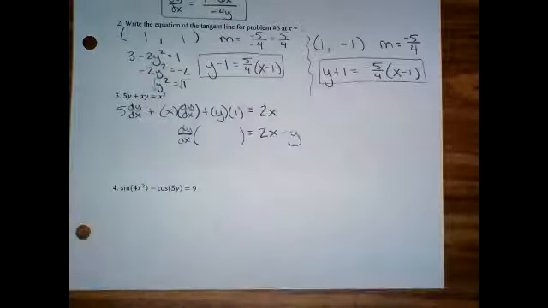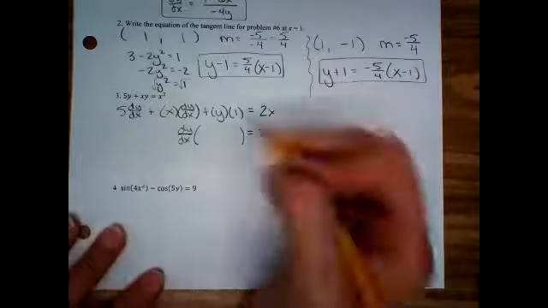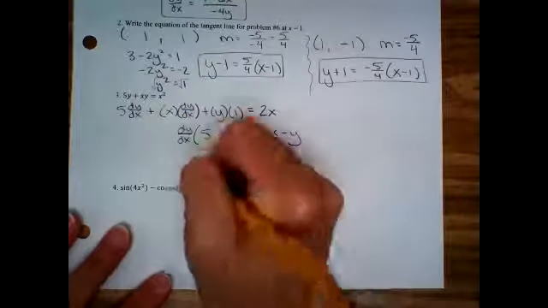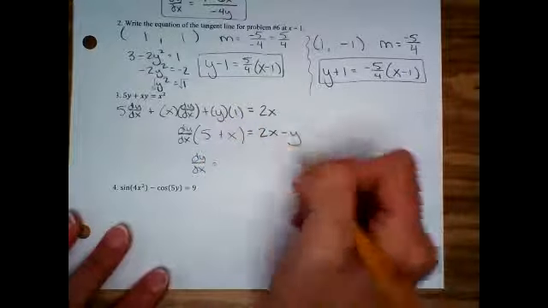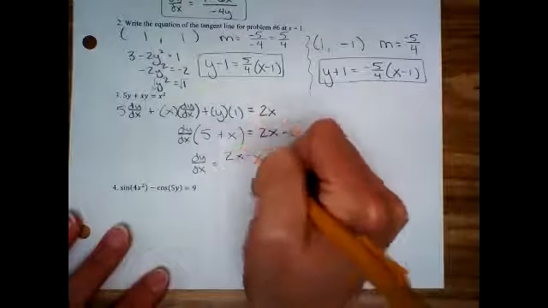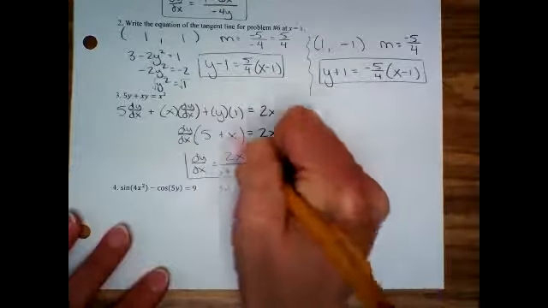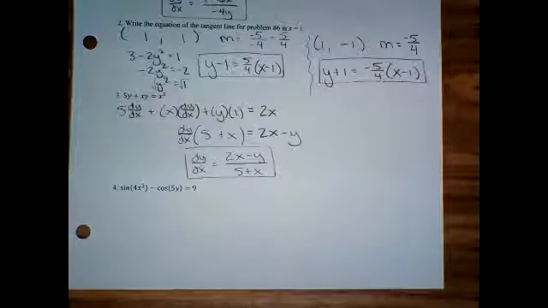So what would be left if you factor dy dx out of those two terms? Yeah, good. 5 plus x. And then we're going to divide that to the other side. So your final answer would be dy dx equals 2x minus y over 5 plus x. And again, if you get a jumbled mess that looks like a disaster, then you probably did it right. Because they're not going to be nice, neat answers.